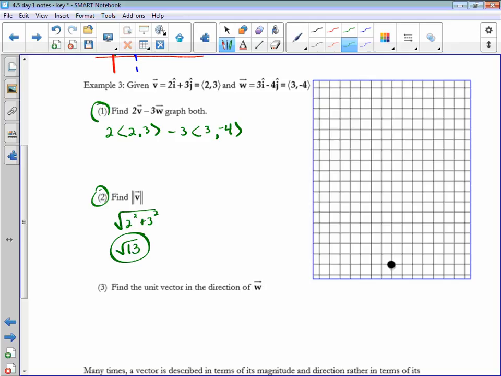First one's easy because there's no signs to worry about. That just becomes 4, 6. I honestly would just leave the subtraction sign and multiply by 3. Okay, so then you've got 9 and negative 12. So then when you subtract, 4 minus 9, negative 5. 6 minus negative 12 becomes 18. That makes sense? You just can't mess up a sign.